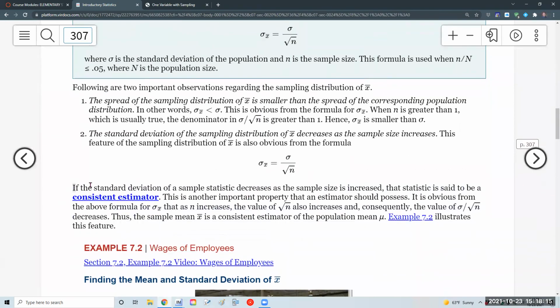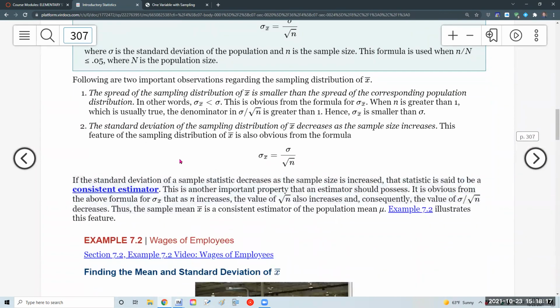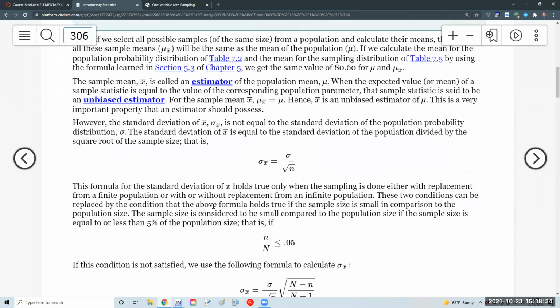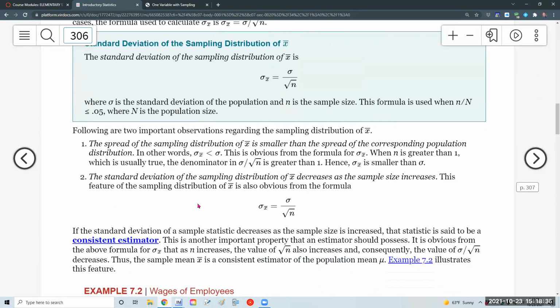If the standard deviation of a sample statistic decreases as the sample size increases, as it does here, that statistic is said to be a consistent estimator. This is another important property that an estimator should possess. So a good estimator should be consistent and also unbiased.